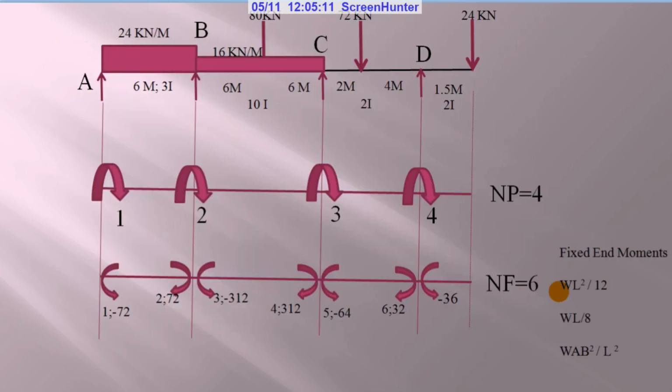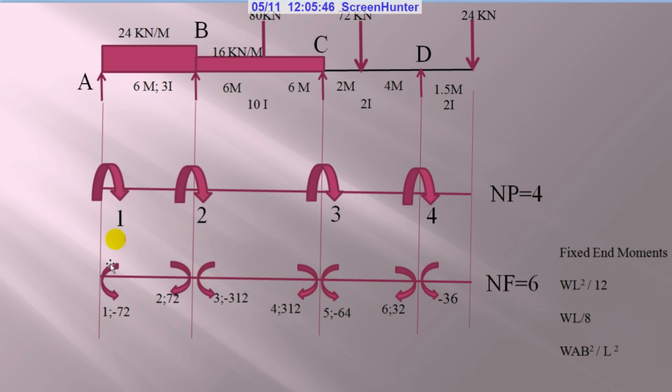See this numerical. In this is the first rotation. In first rotation there is fixed end moment, which I have numbered as 1. So at first rotation this 1 is the fixed end moment. Okay, 1 doesn't resemble the value. Note this well. Value of fixed end moment is minus 72 here, but I have numbered here this fixed end moment as 1.